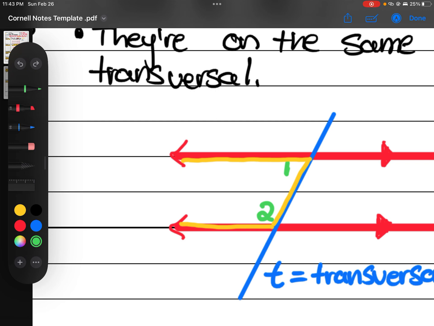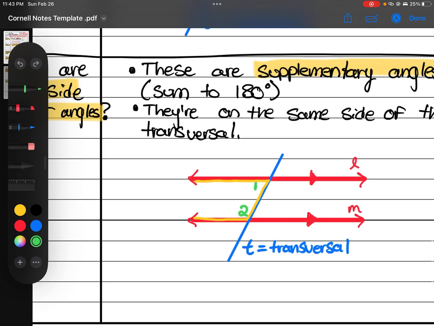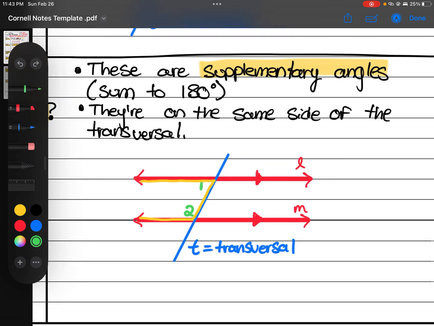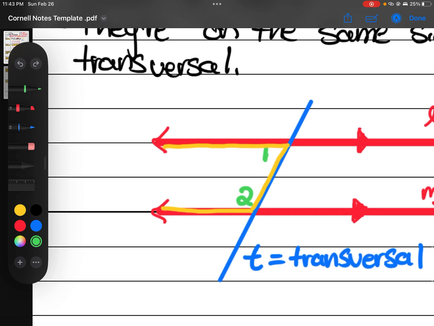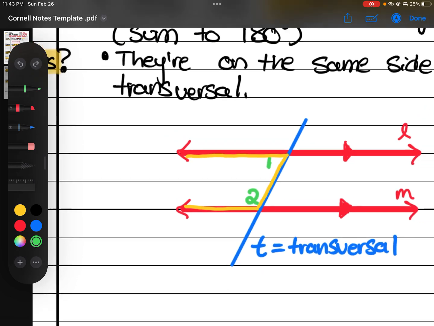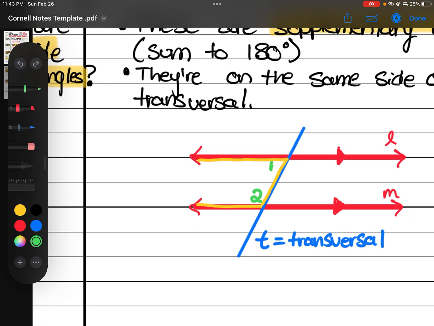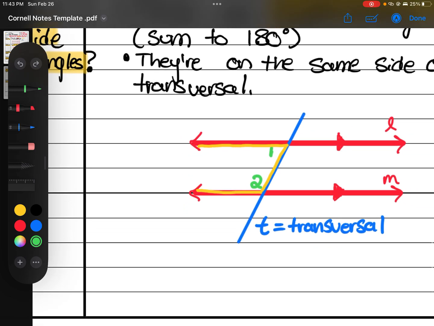They're opposite of each other. But an important property to these is they are supplementary. So I know that this angle plus this angle must equal 180 degrees. Even though it doesn't look like our conventional way to do that, I know that those angles must sum to be 180 degrees.